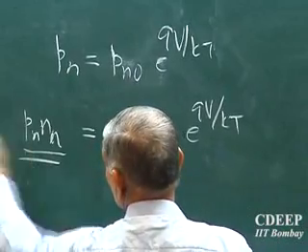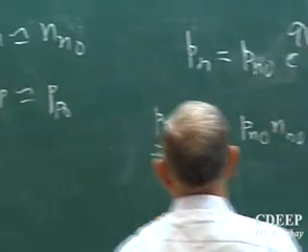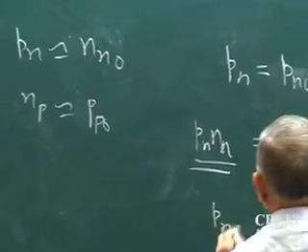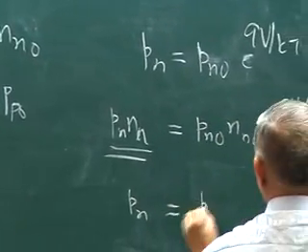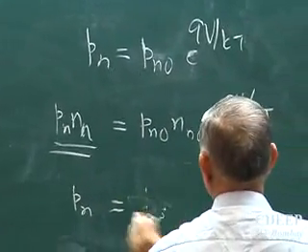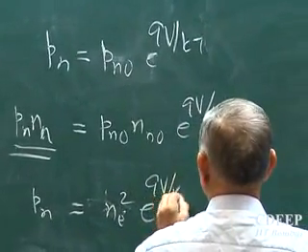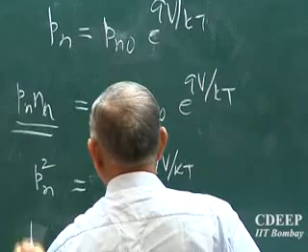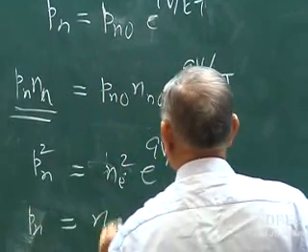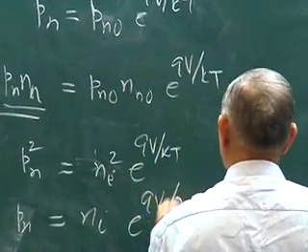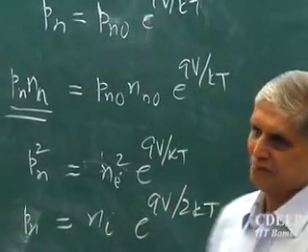But Pn is equal to Nn from here, so we say Pn squared is equal to Pn0 Nn0, which is Ni squared e to the power qV by kT. So Pn is Ni e to the power qV by 2kT.